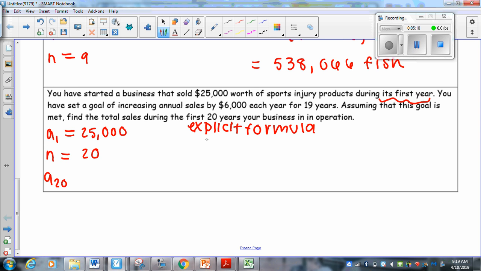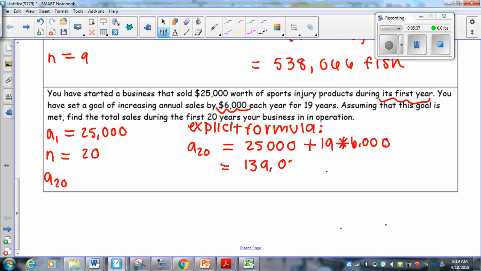To find A20, we take the first term, 25,000, and add n minus 1, so if n is 20, n minus 1 is 19, multiplied by our common difference, which is 6,000. Just a simple calculation on a calculator here, and we get 139,000. So A sub 20 is 139,000.